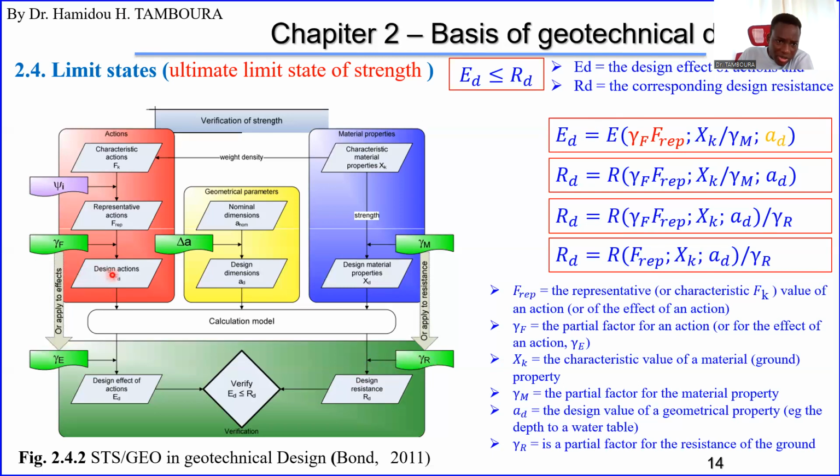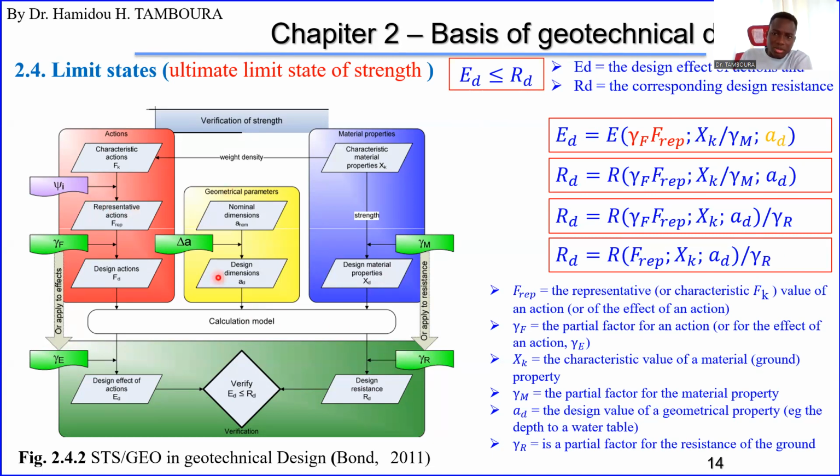I think the meaning here is design action. You have two choices for each, for the action and for the material property. You can multiply the representative action by this gamma F, or multiply the design action by this one. Here also it is the same: design material property with gamma R, for example.